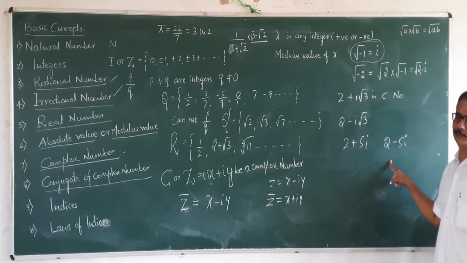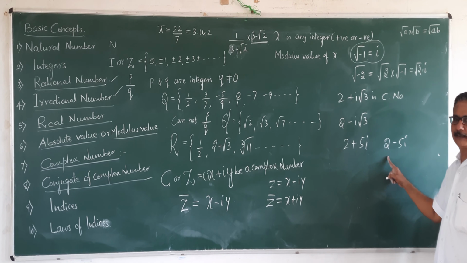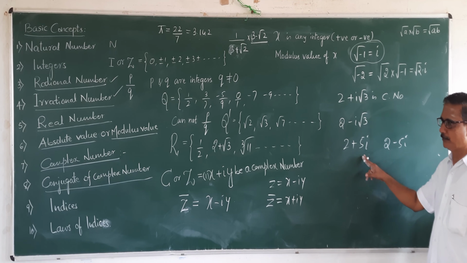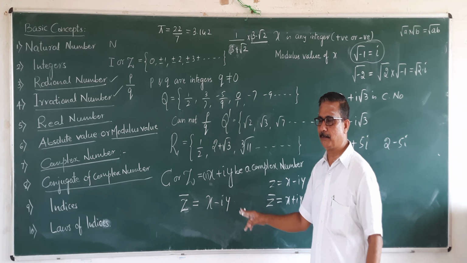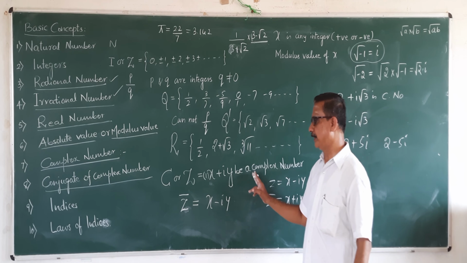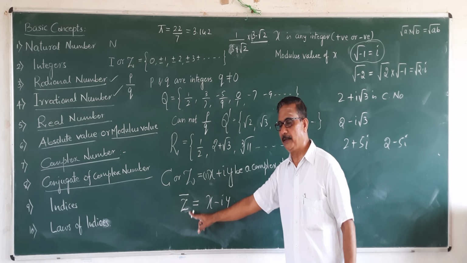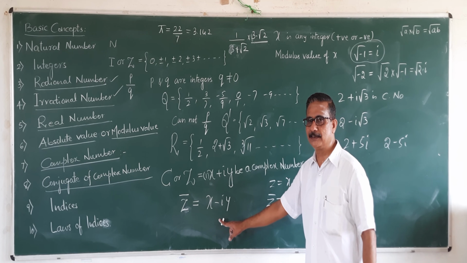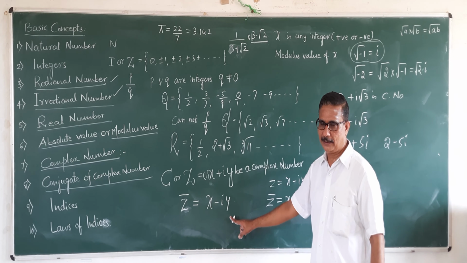Only the sign must change. When there is a plus the conjugate becomes minus, and when there is a minus the conjugate becomes plus. Remember. Okay? So let z be a complex number x plus iy, then the conjugate of z is denoted by z bar and is defined by just interchanging the sign: x minus iy.